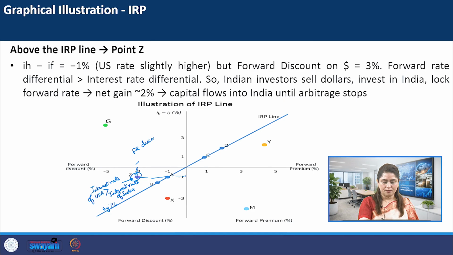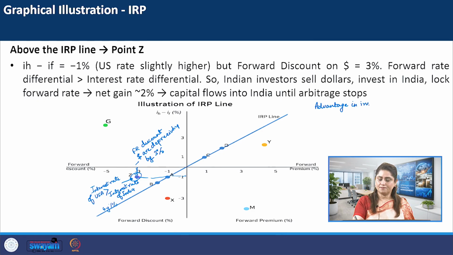So here we see there is a forward rate discount, which means that the dollars are depreciating by 3%. So if we see that the advantage in investing in US is not high or it is not there.